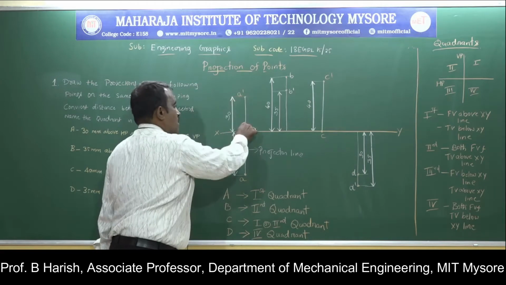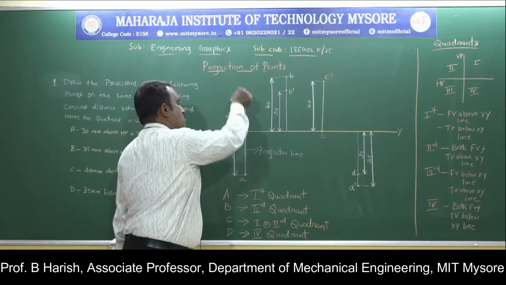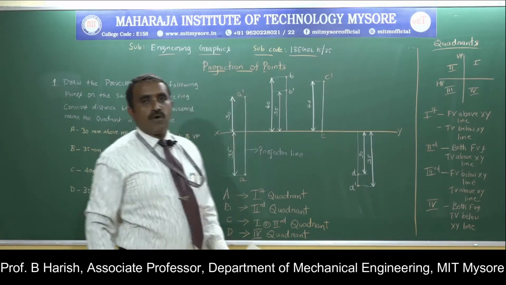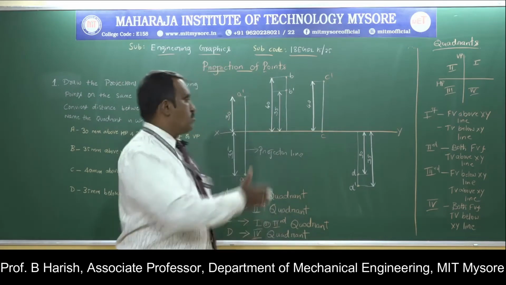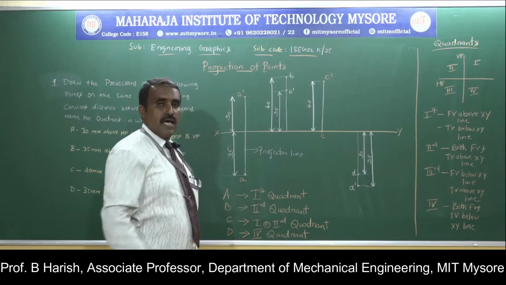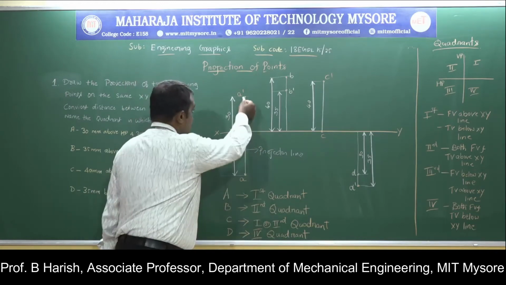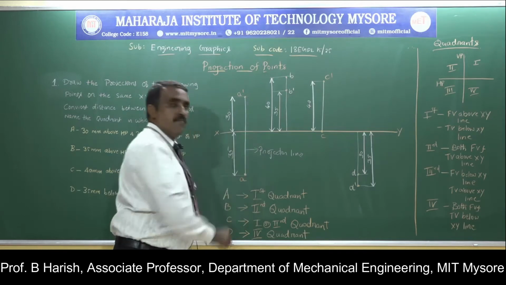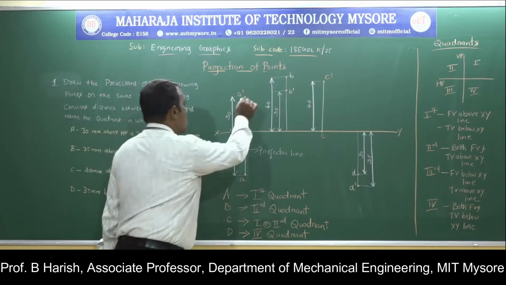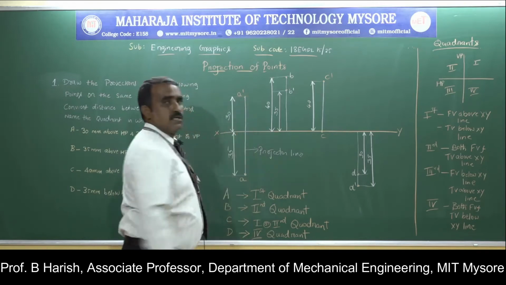So measure a distance of 30 mm above. One more thing to note is that front view and top view will always be in line when you draw the projections. From here you measure 30, then below you measure a distance of 35 mm. So draw the point position there.